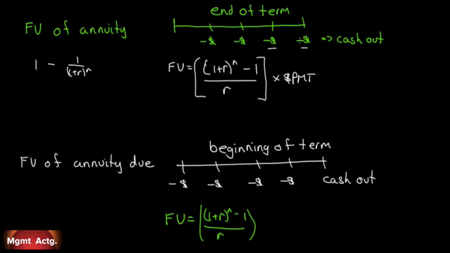All we're doing is we're shifting it up one, so there it is right here. It should be the same thing, but all 4 of them now have to be carried for one more period. They have to be carried for one more period, right? So whatever we get here, all 4 have to be carried one more period, so there's the 1 plus r. Take all of that and multiply it by the value of the payment. There we go.